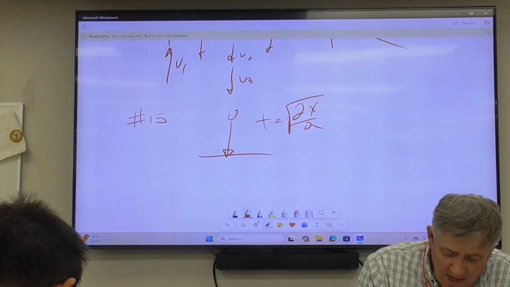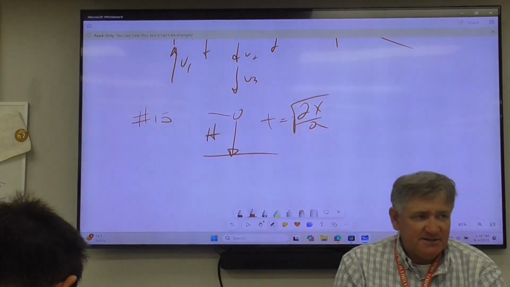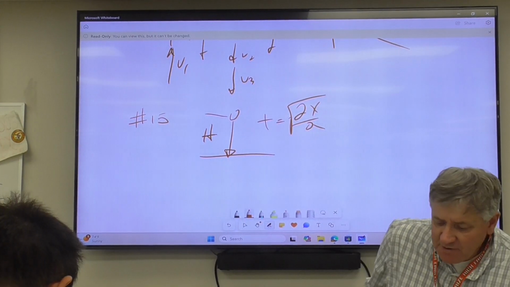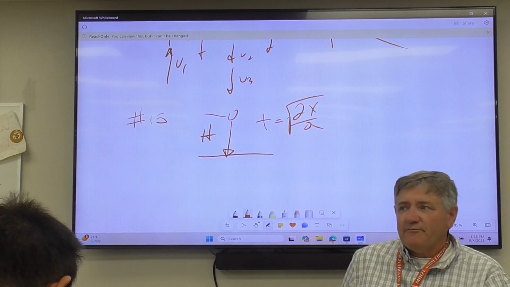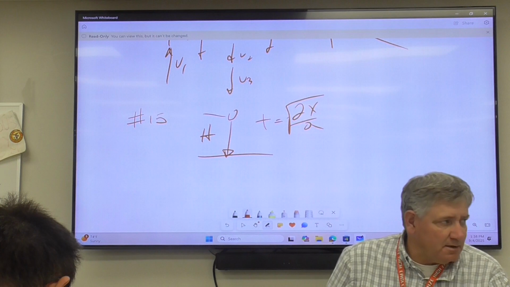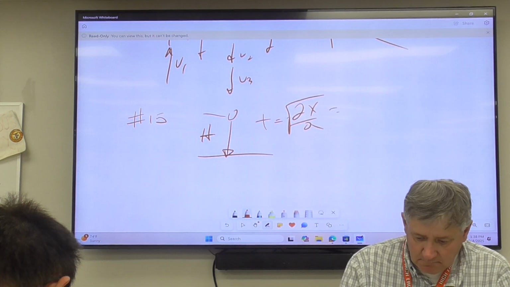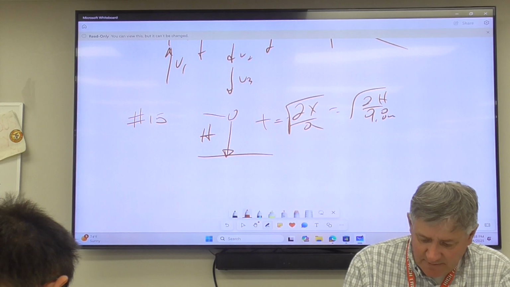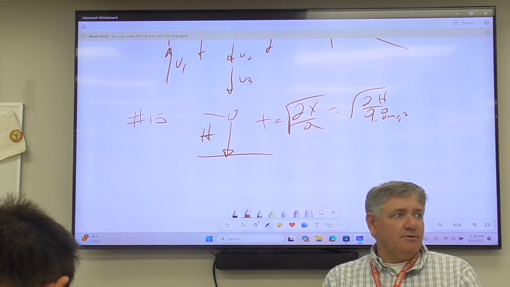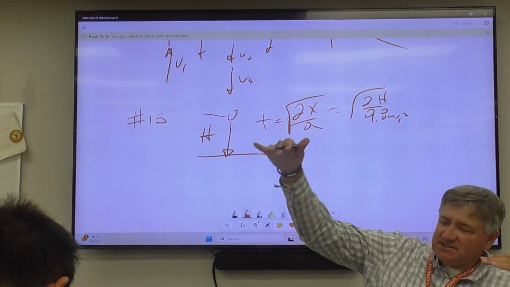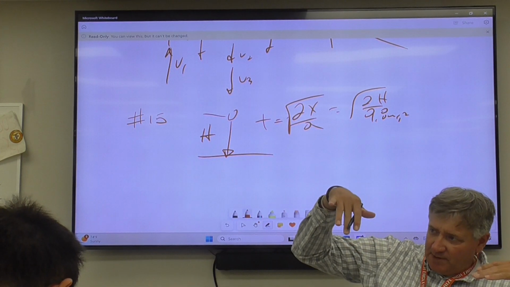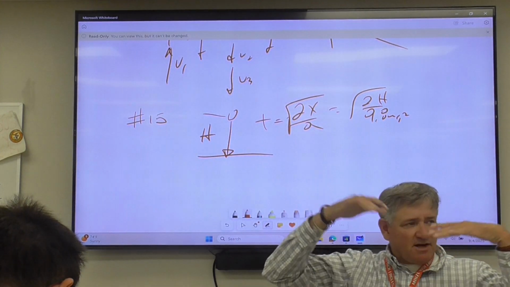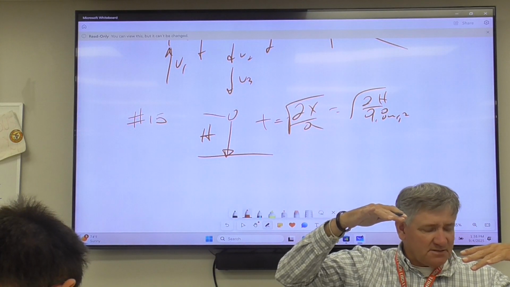So the first height is h. So how can you find the time for the smaller height? What would you plug in? 2h over 9.8 meters per second squared, right? Now, technically the h is negative and technically the negative 9.8 are negative, so we're just going to simplify that and make everything positive.